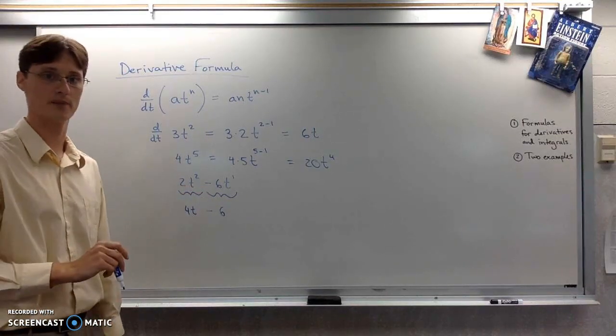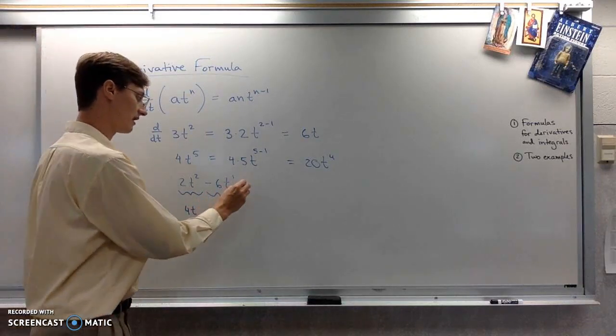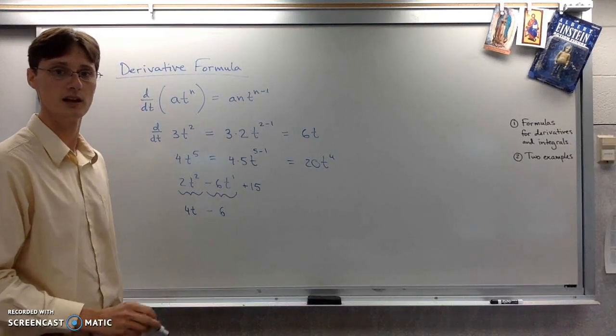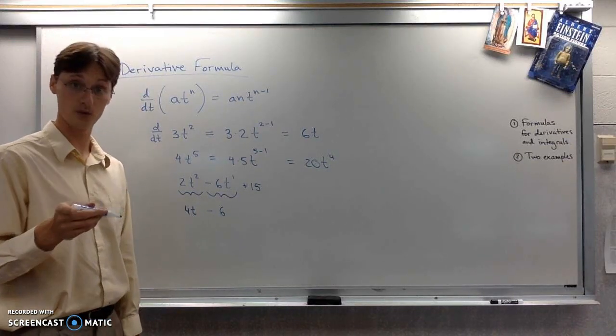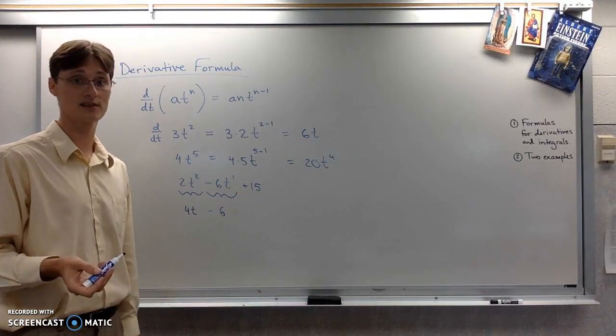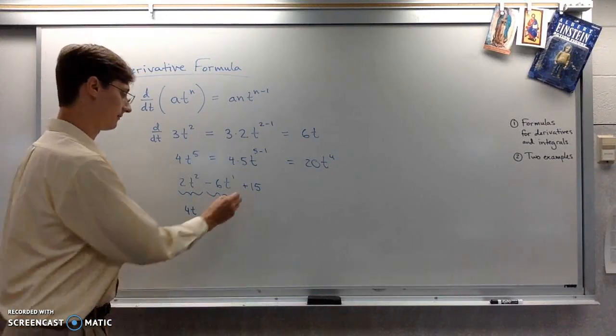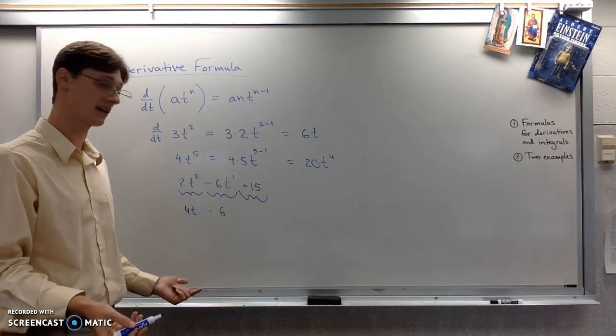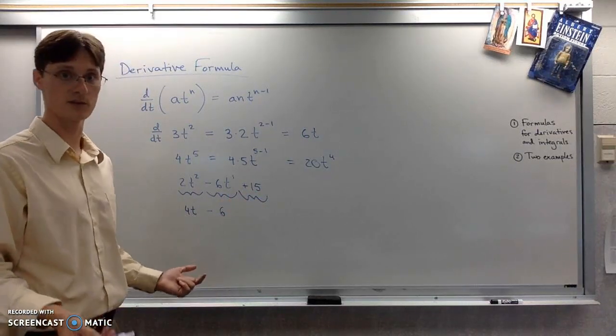All right, let me change the problem ever so slightly, because you will also see it where it's like, and plus 15. Remember that a derivative is a slope. It's a rate of change. The rate of change of a constant is 0. So if I take the derivative of just the number 15, since it's a constant, that will just be 0.